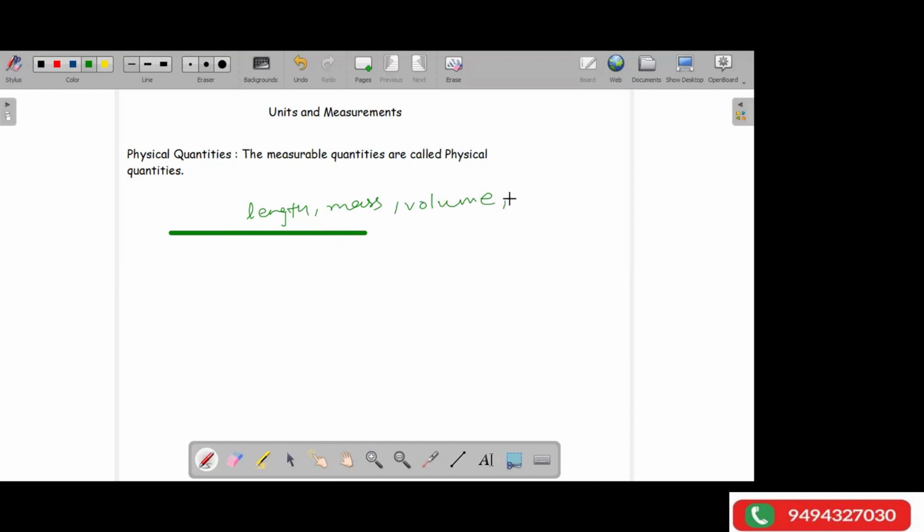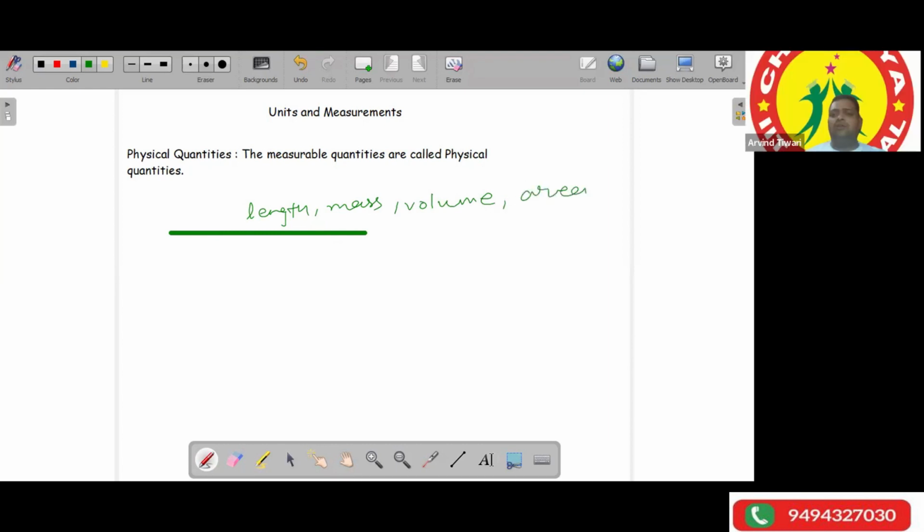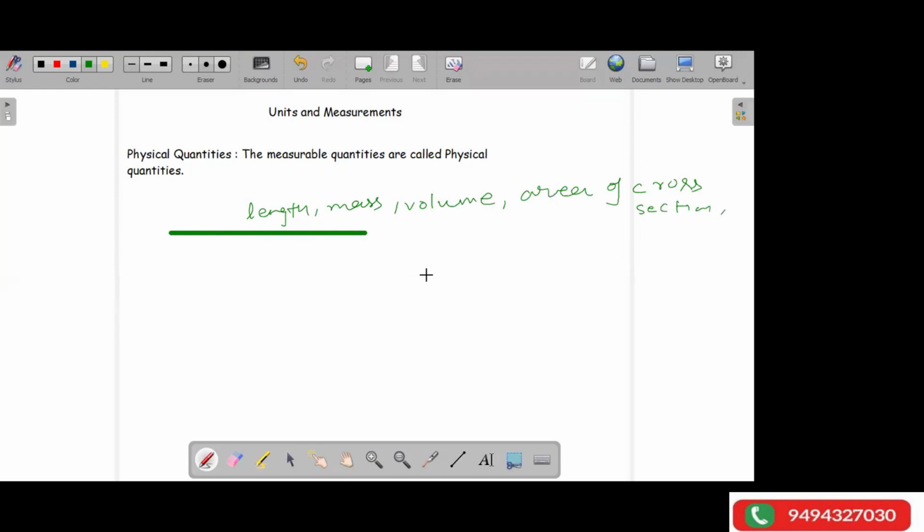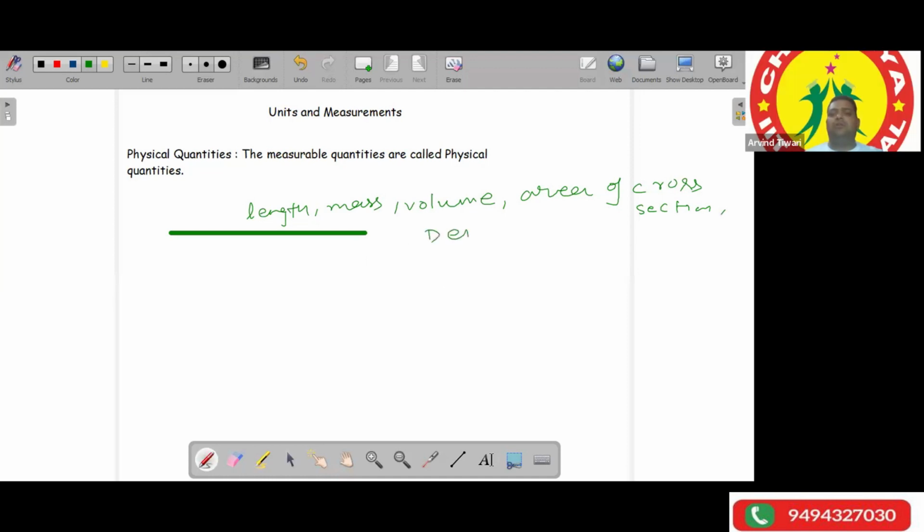Area of cross section. Very good. Any other quantity? Its density, we can measure its density. Very good. So these are the different things that we can measure about this rod.